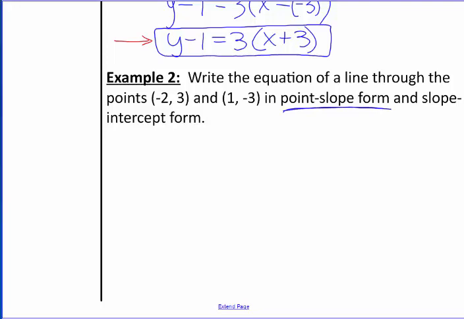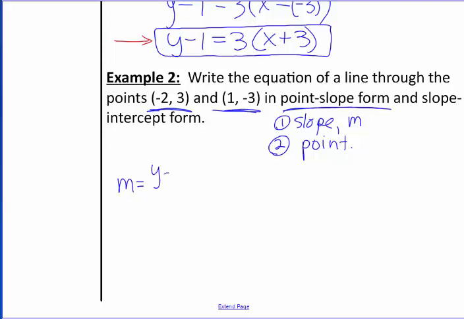There are two pieces of information we need. One is the slope, the m value. Second is a point. In this particular case, we have 2 points to choose from, so we've got the point part covered. What we don't have is a slope. So we are going to start by finding the slope.